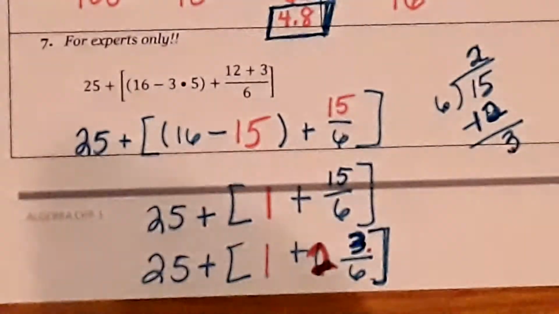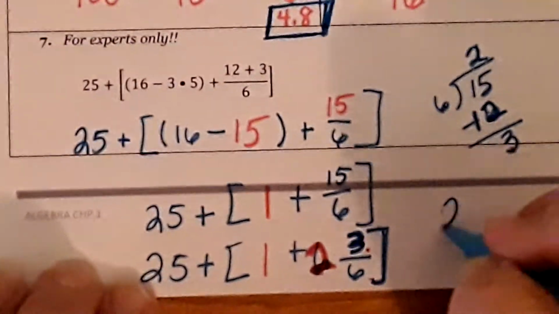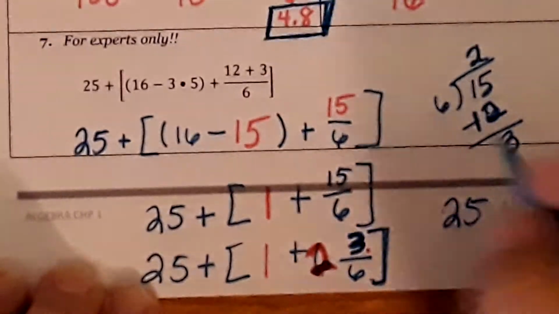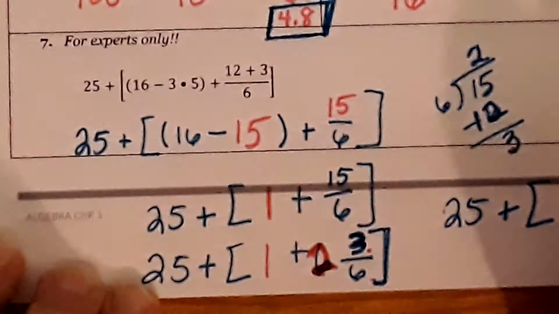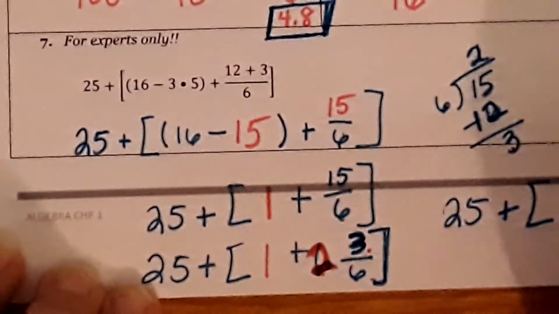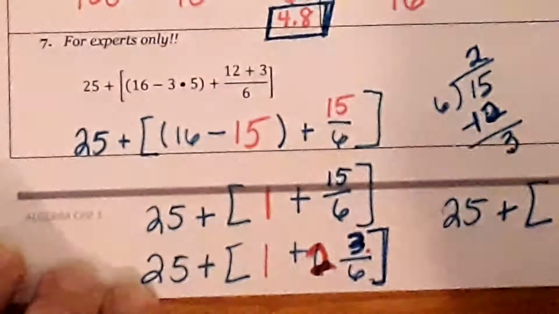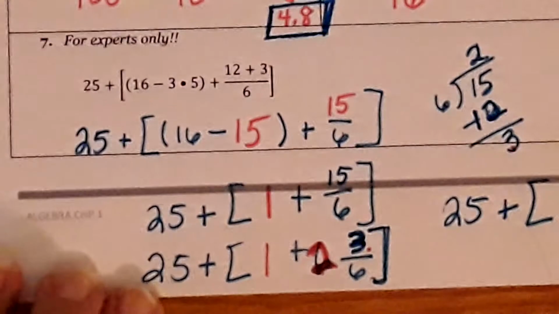The 6 becomes the denominator. Now, 1 plus 2 is... Did you say 3? You're absolutely right. 3 and 3/6. Remember, you just add the 2 big numbers. 1 plus 2 is 3.